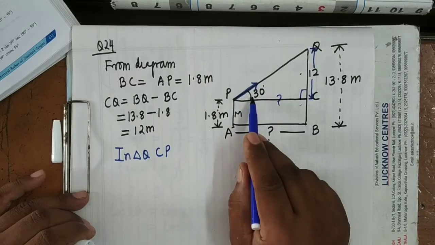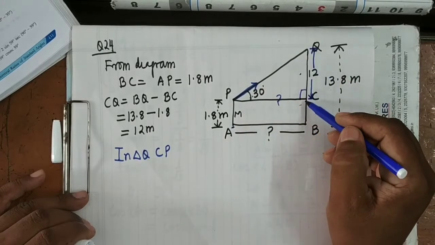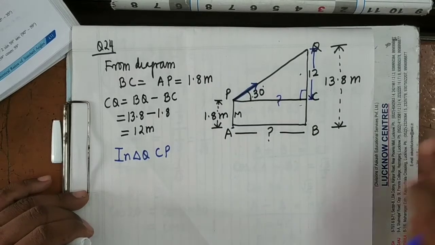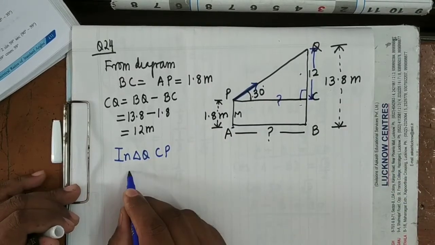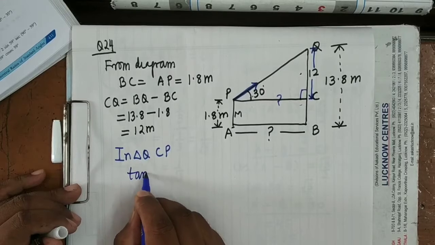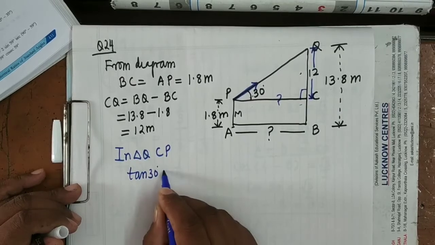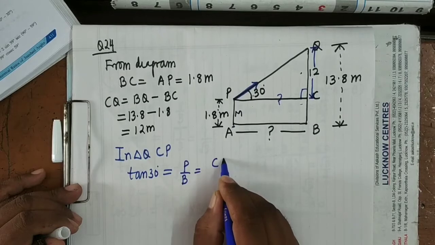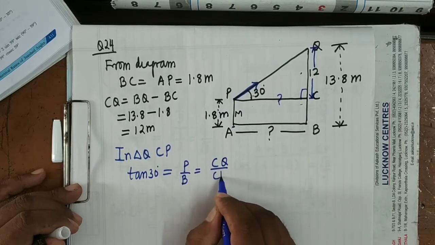Therefore, tan of this angle will relate CQ and CP. So you write down tan 30 degrees will be equal to perpendicular upon base, that is CQ upon CP.